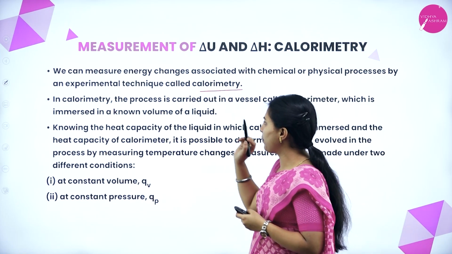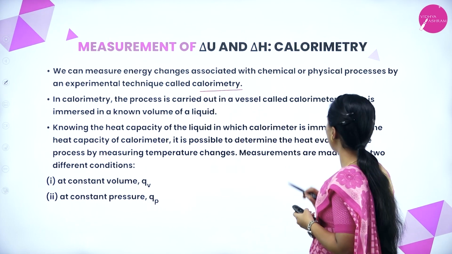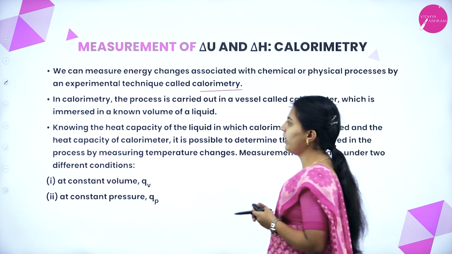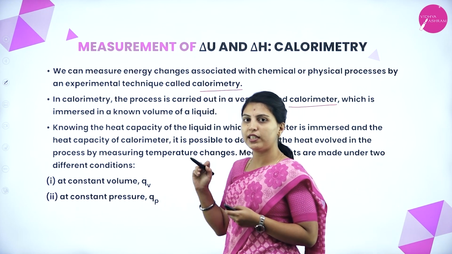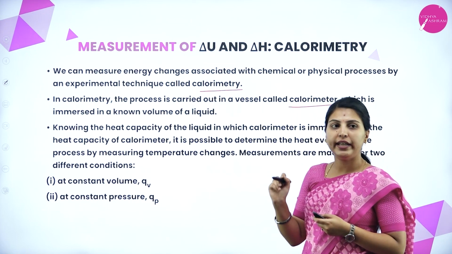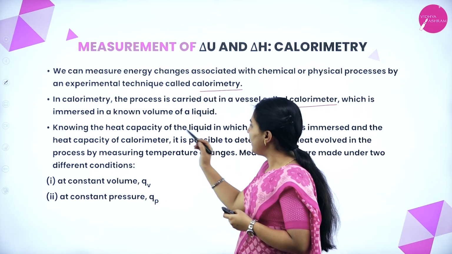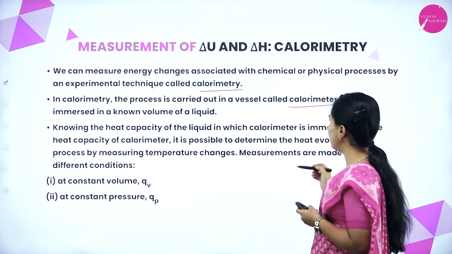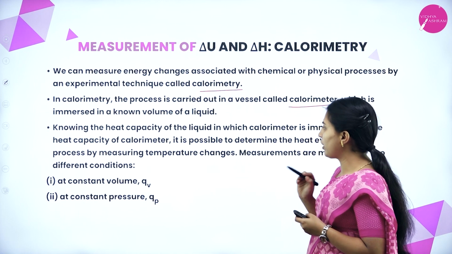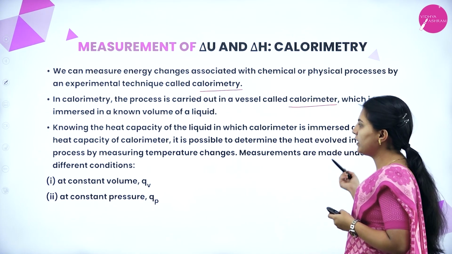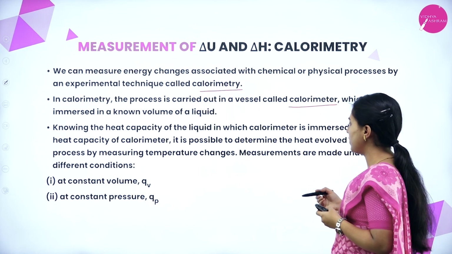In calorimetry, the process is carried out in a vessel called a calorimeter, which is immersed in a known volume of liquid. Knowing the heat capacity of the liquid and of the calorimeter, it is possible to determine the heat evolved in the process by measuring the temperature changes.